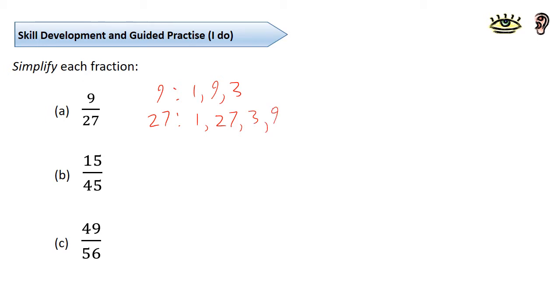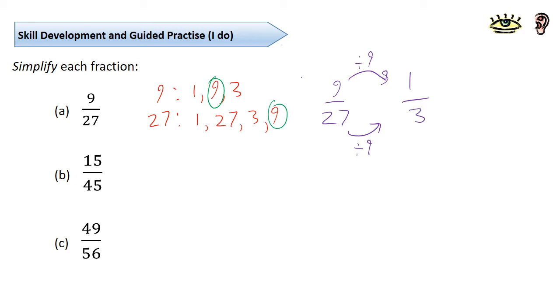Then have a look, what's the highest common factor that's common to both those sets of numbers? 9 is the biggest number between both of those sets. So we're going to use that as our highest common factor and divide the top and the bottom number by 9, so we get 1 over 3.